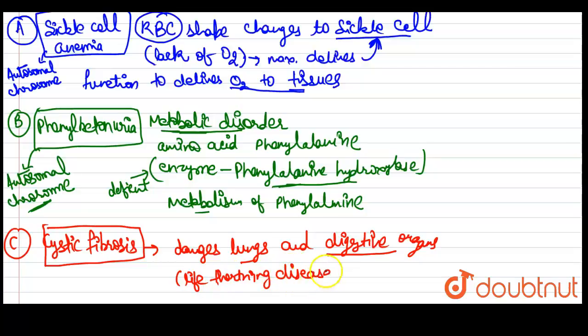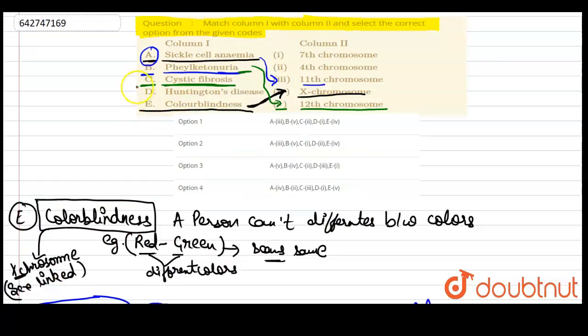Just like phenylketonuria and sickle cell anemia, it is an autosomal disease because it is linked with the autosomal chromosome. It is linked with the 7th chromosome.